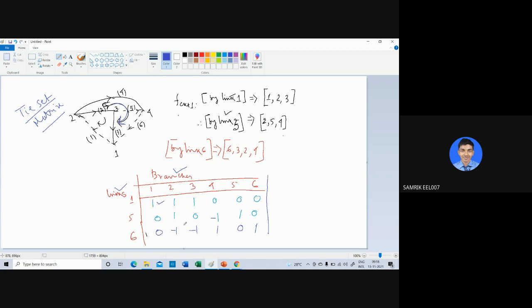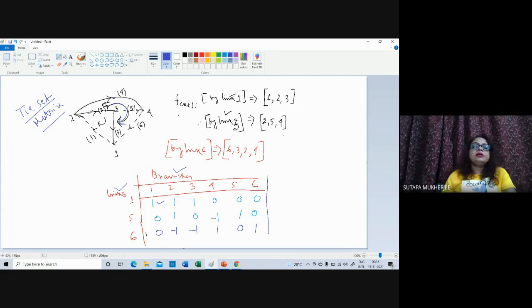Why is it negative? The 2 direction is this, and the loop direction is this, so it is opposite. Basically, this is link number 6, and the branch 2 direction is this, and the current direction is this.